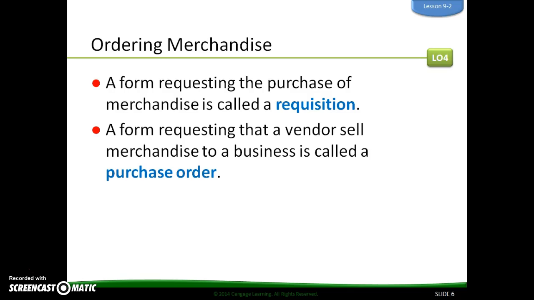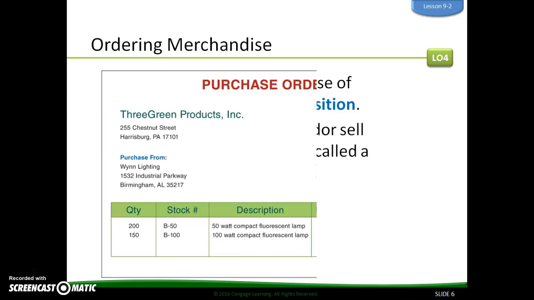A form requesting that a vendor sell merchandise to a business is called a purchase order. So the internal form requesting that merchandise be purchased, that's a requisition, and the form requesting that a vendor sell something, that's a purchase order.